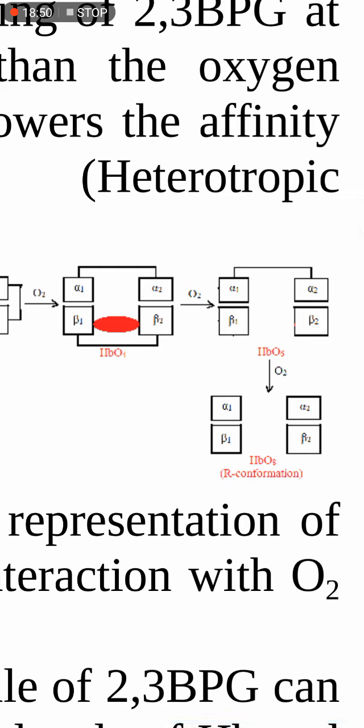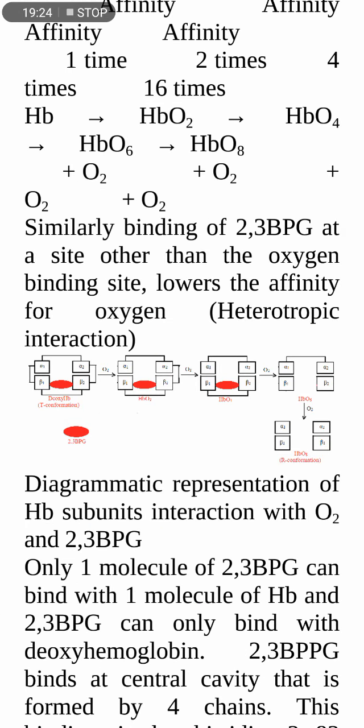Then when another molecule of oxygen is bound, another salt bridge is broken down and 2,3-BPG is removed. And lastly, when the fourth oxygen molecule is bound, all the salt bridges are broken down, and this conformation is called R conformation, that is the relaxed conformation, HbO8. So this is how the 2,3-BPG and the oxygen interact with the hemoglobin.